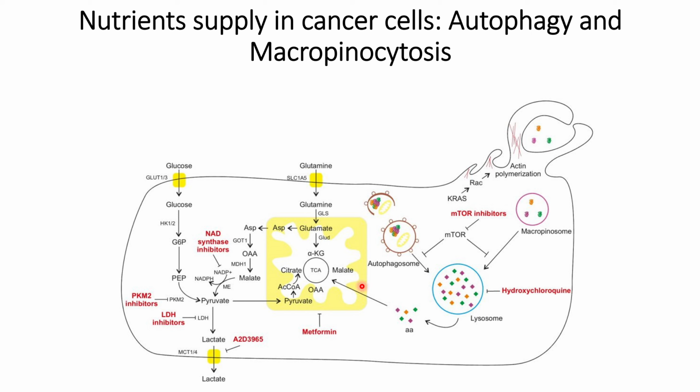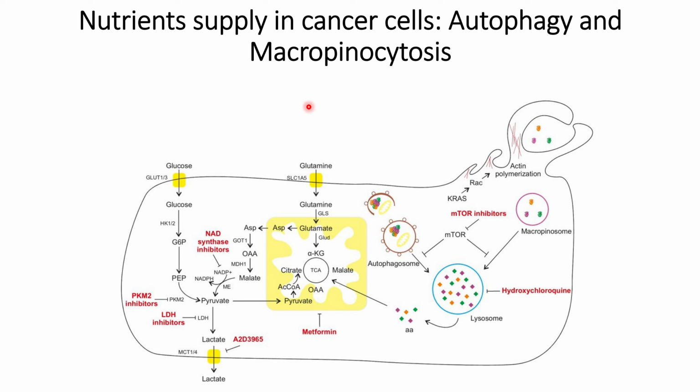Now let us understand how autophagy and macropinocytosis play a role. Autophagy means recycling the internal components of the cells, so that those amino acids can be used by the cells for their uncontrolled growth rate and proliferation. This is just an example that is shown here.